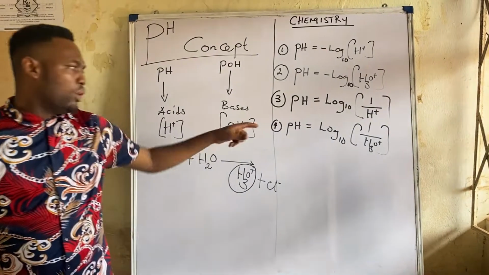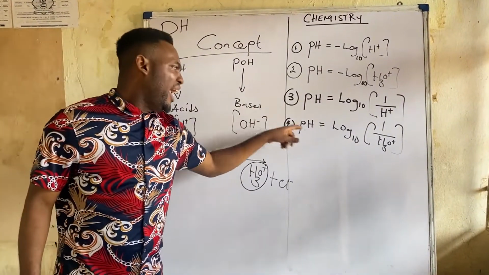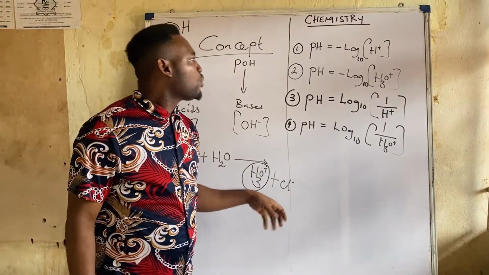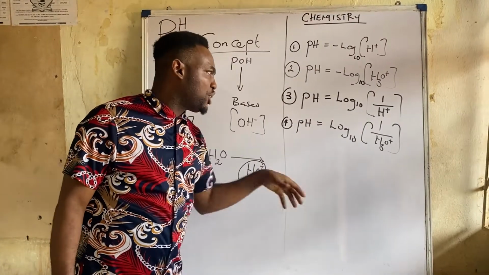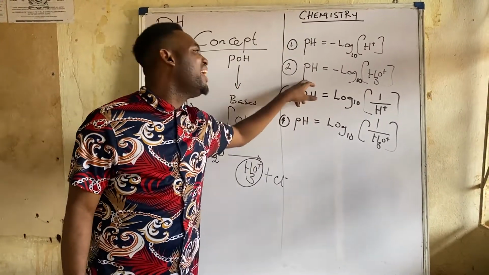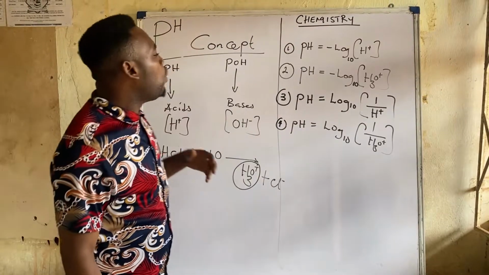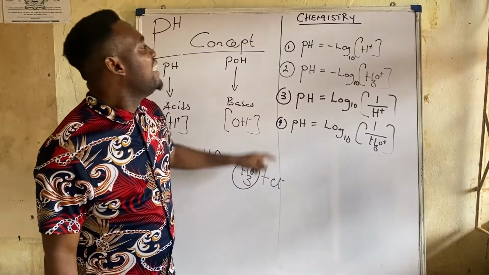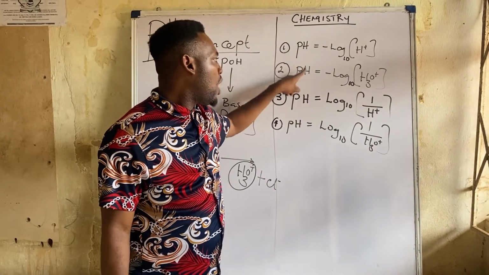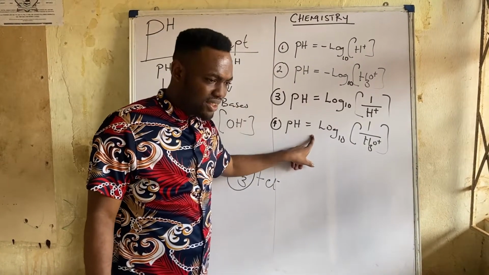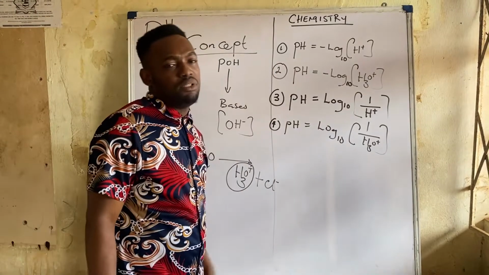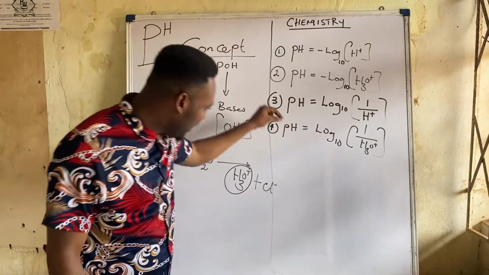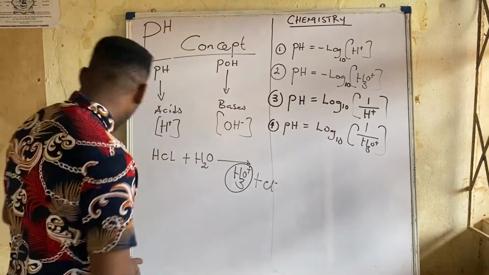Alright, in other words, if the examiner asks me which of these expressions shows the pH of a solution, or which expression I can use to get the pH of a solution, it is either I use number 1, or this, or this, or this. So any of these in the options is a correct expression for the pH of a solution.